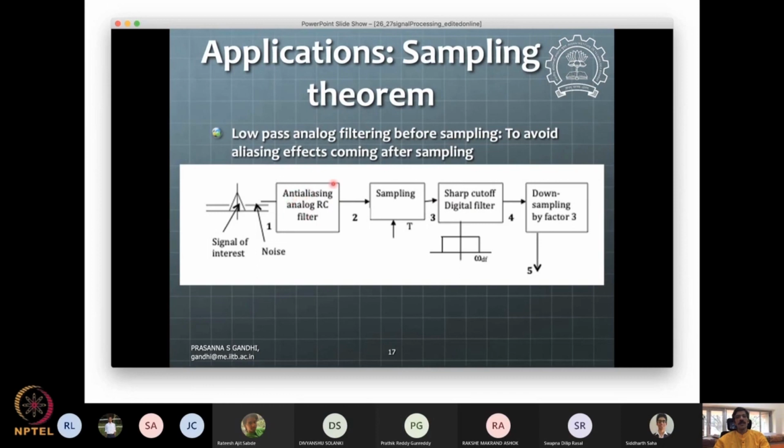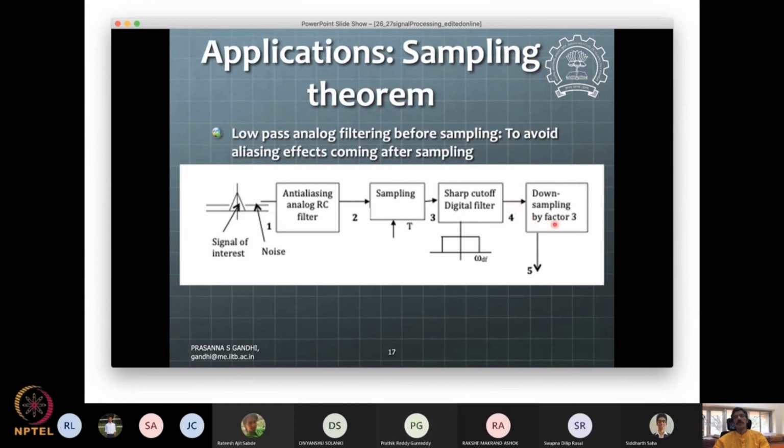There is an anti-aliasing analog filtering operation happening here, then a sampling operation, then you can have some kind of sharp cutoff digital filter given here. This is a digital filter, ideal I would say. It's not a practical filter, because we cannot have a very sharp cutoff practical filter in the digital domain either. So if that is there, what is the signal representation up here?